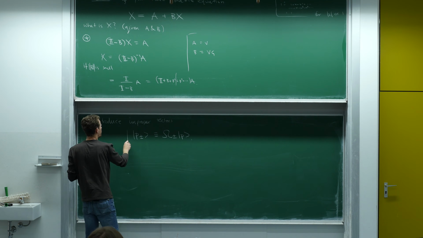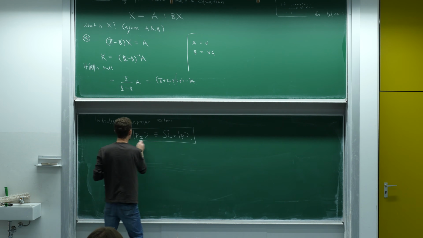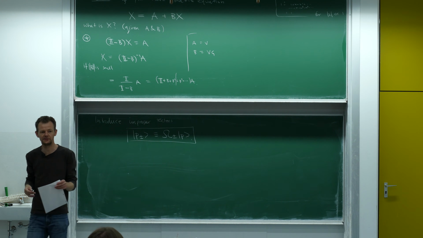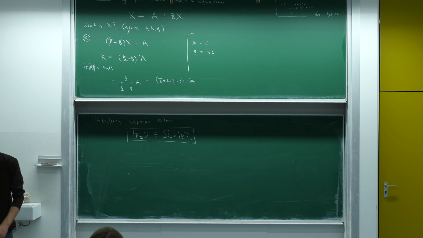This is important. If you take a momentum improper eigenstate and you apply a Møller operator to it, you can get something else. Let's call that something else p plus minus.